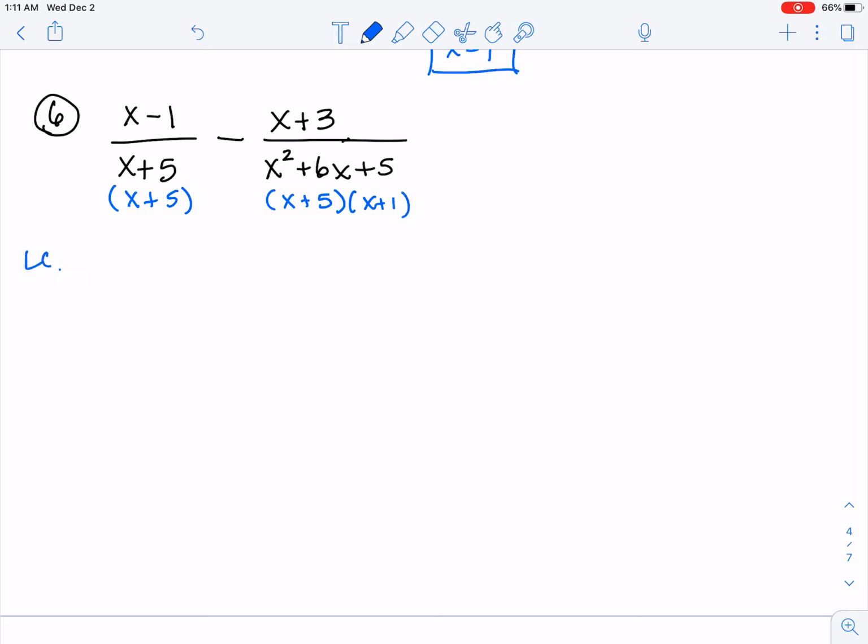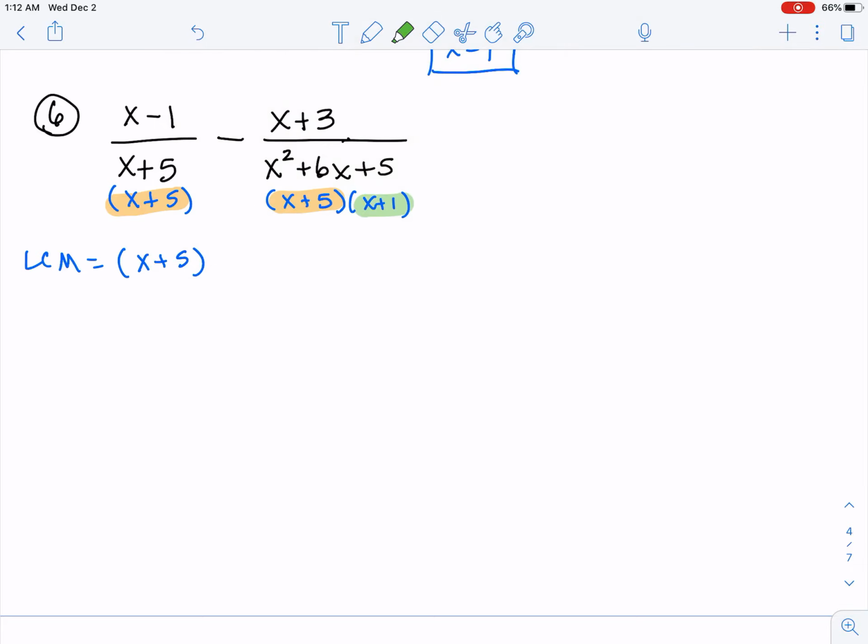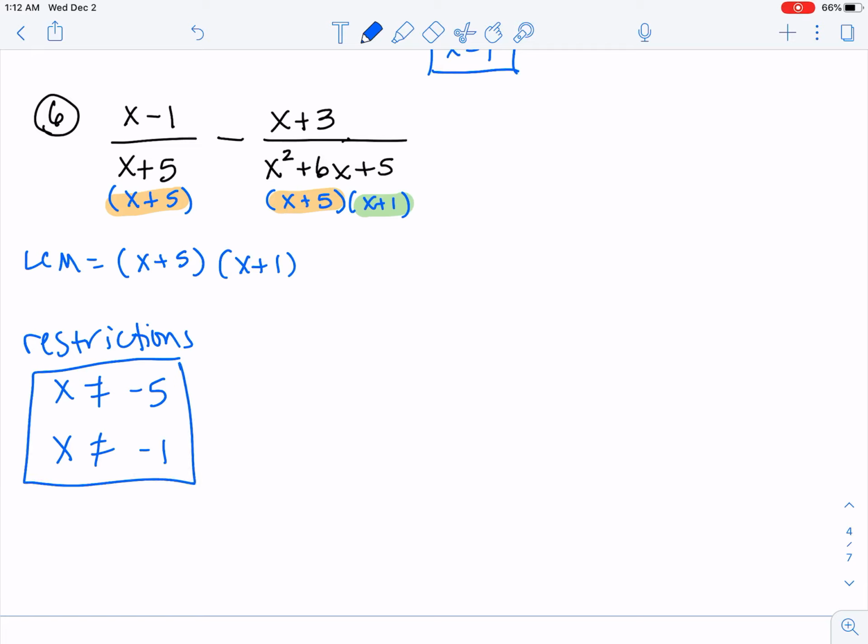So that least common multiple, well, I've got to deal with each factor, x plus 5 and x plus 1. Well, restrictions. Restrictions are what makes that least common multiple equal to 0. So x can't be negative 5 and x can't be negative 1. All right, there's my restrictions.